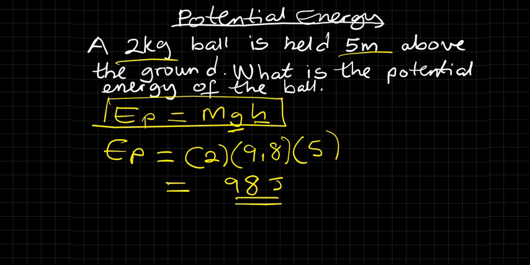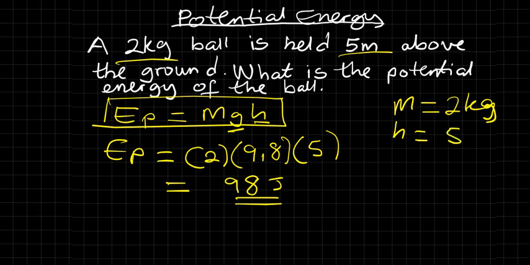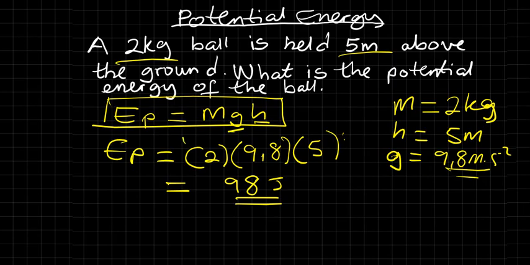So the m, which is the mass from the question, is given by 2 kg. And the height from the question is 5, and the gravitational acceleration is constant at 9,8. So if we do our substitution in, we get our answer to be 98 joules.